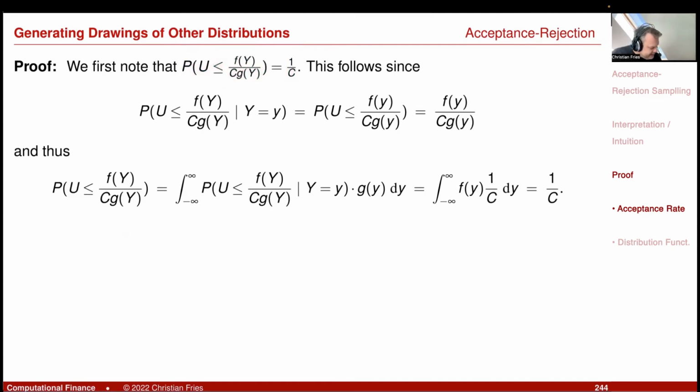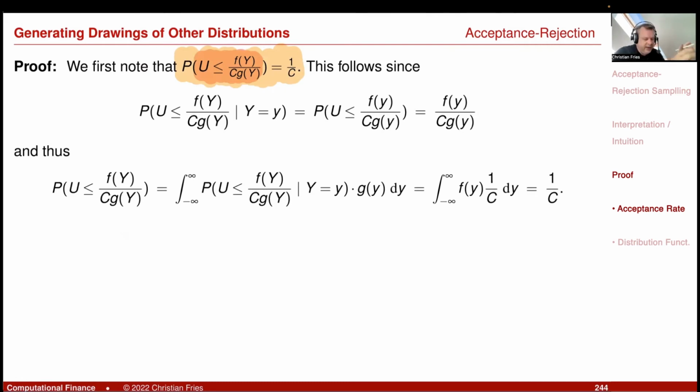So you see, this is your acceptance criterion. This means that this is the probability that you accept the point. You see the number C: if C becomes large, the probability that you accept the point is small.